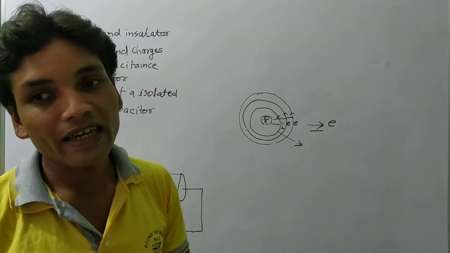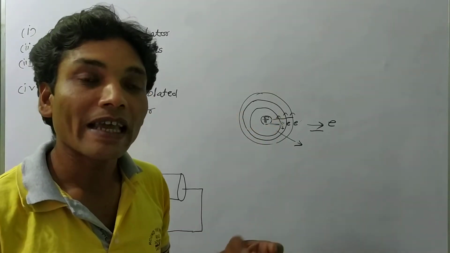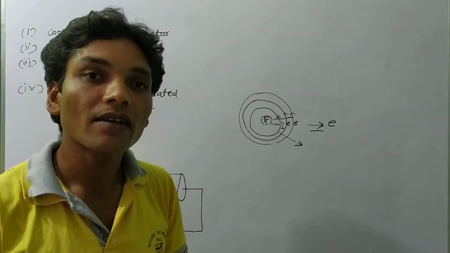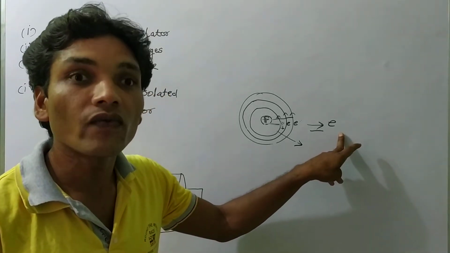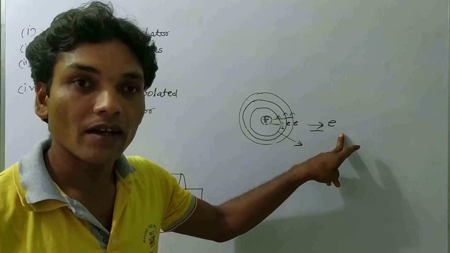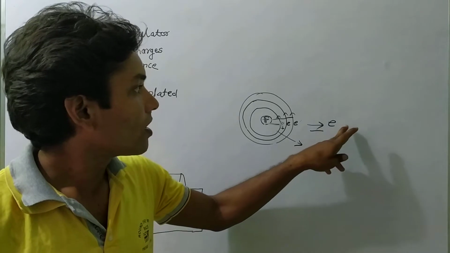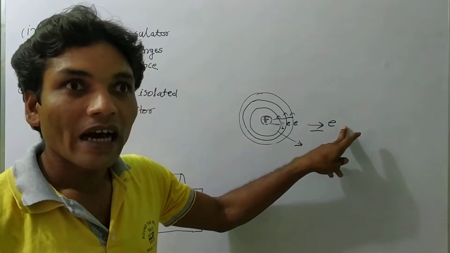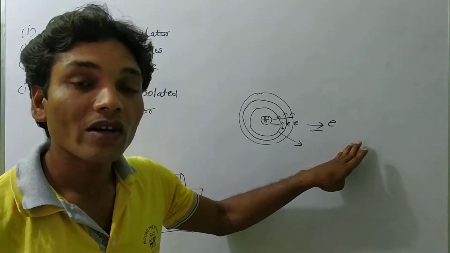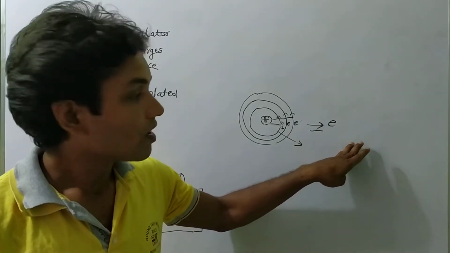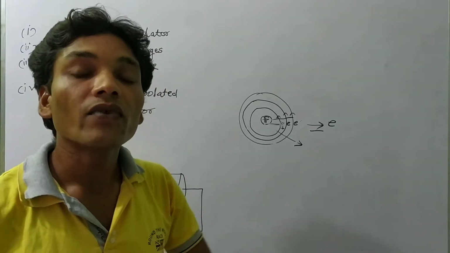These electrons can detach from the atom and move freely inside the conductor. So these electrons which can move freely inside the conductor are called free electrons, and because they carry charge, they are also called free charges.